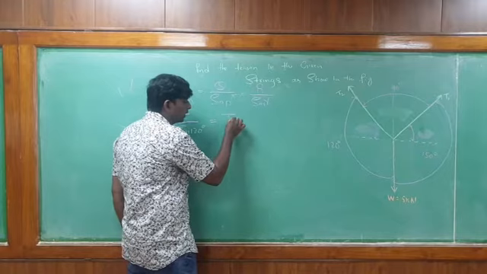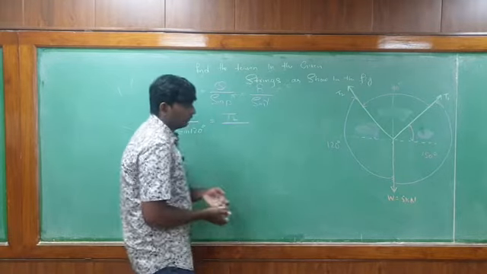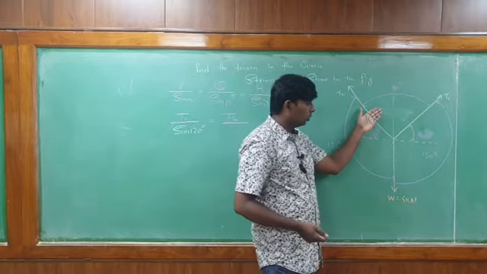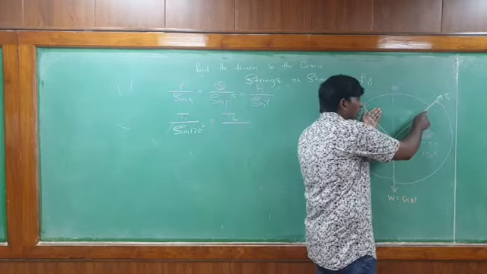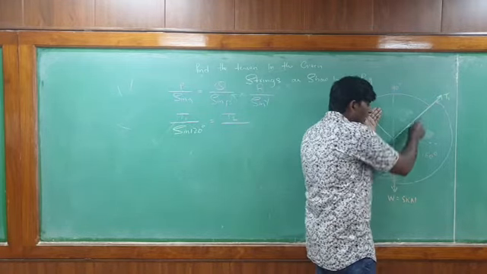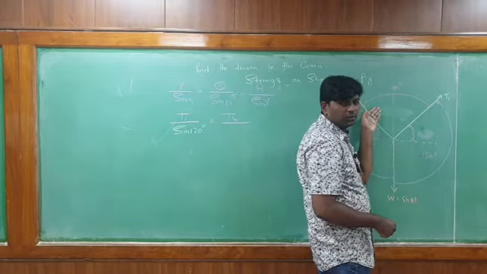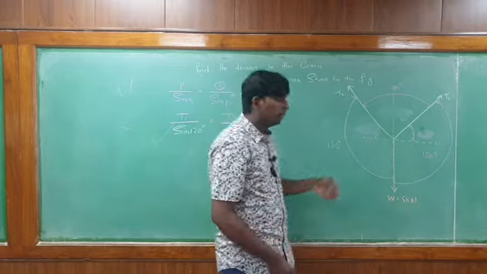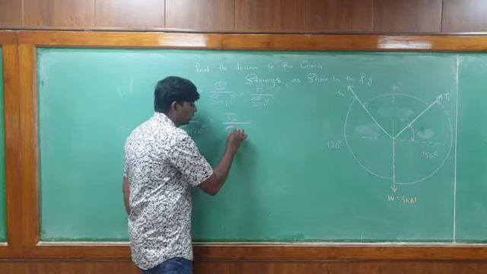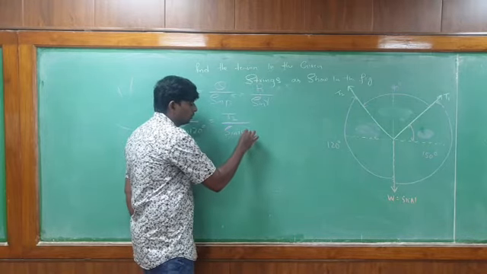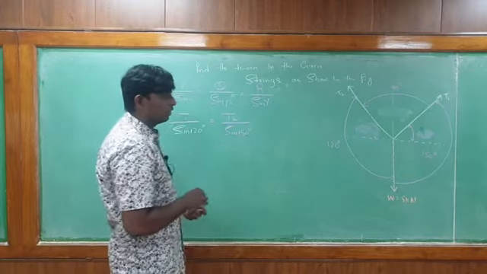If I select T2, how many forces are remaining? T1 and W. What is the angle between them? 150. So here you write sin 150.